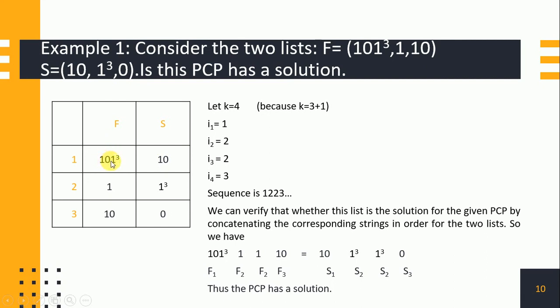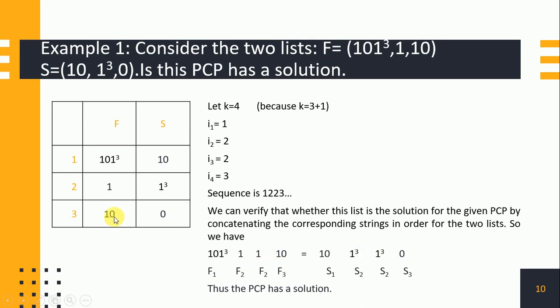So place 101 cubed at the left hand side and 10 at the right hand side, right? After that, i2 is equal to 2. That is, you need to use this F2 and S2. Then again F2 will be repeated. That is, again you need to place 1 and 1 cubed.